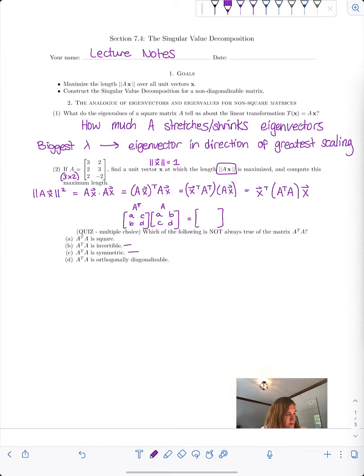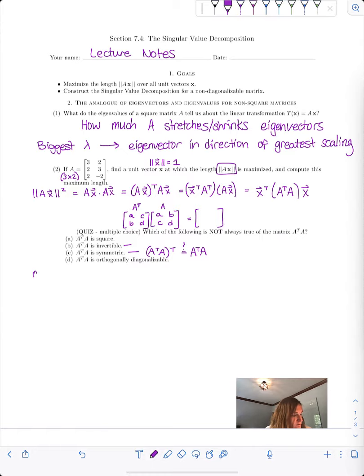For symmetric, to show that something's symmetric, you want its transpose to equal the original matrix, so see if that's true. That's a little hint to get you going on your quiz.